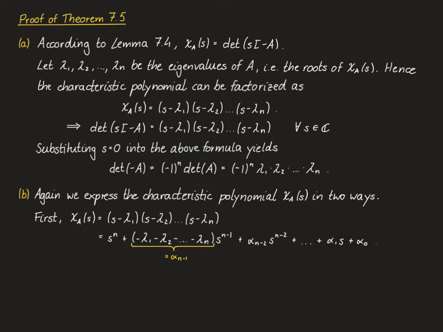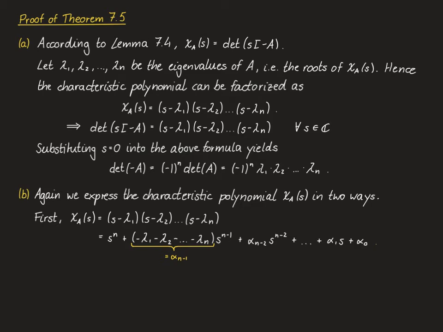However, we only think about the coefficients of the two highest powers of s, namely s^n and s^(n-1). So obviously the coefficient of s^n will be 1 because this term will only appear once by multiplying all the s terms in the brackets.